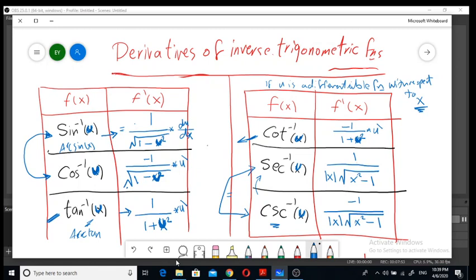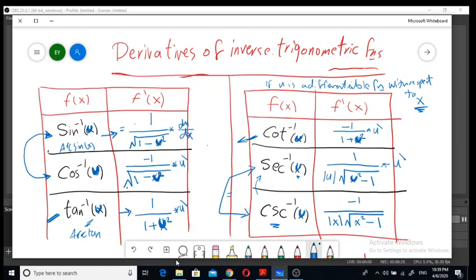And the first derivative of sec inverse u will be 1 over the absolute value of the inside function u, times square root of u squared minus 1, and don't forget, times u prime, the first derivative of the inside function.